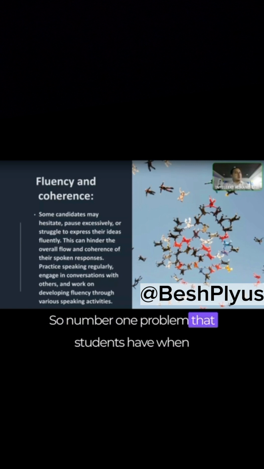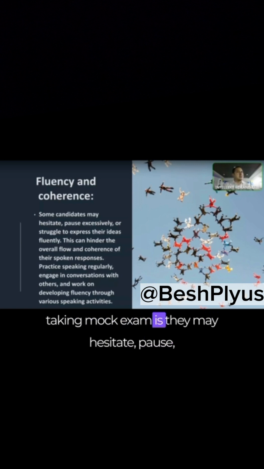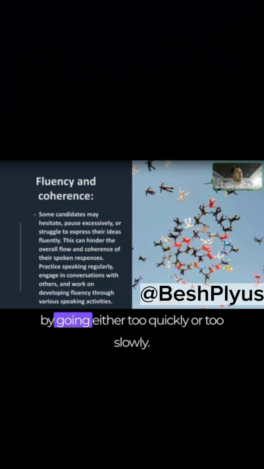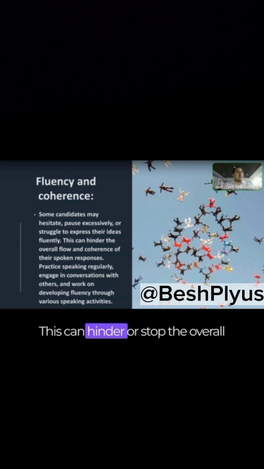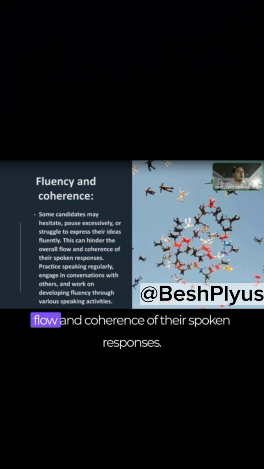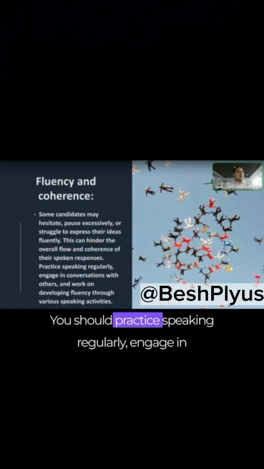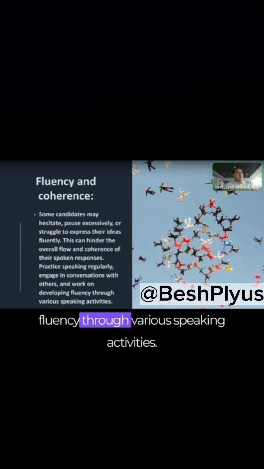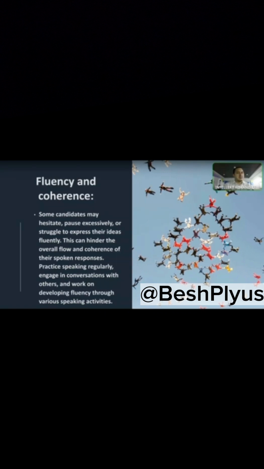The number one problem students have when taking the mock exam is that they may hesitate, pause excessively, or struggle to express their ideas fluently, going either too quickly or too slowly. This can hinder the overall flow and coherence of their spoken responses. You should practice speaking regularly, engage in conversations with others, and work on developing fluency through various speaking activities.